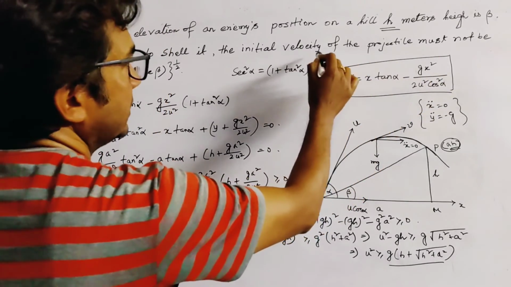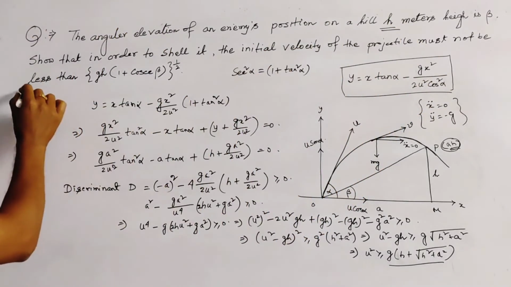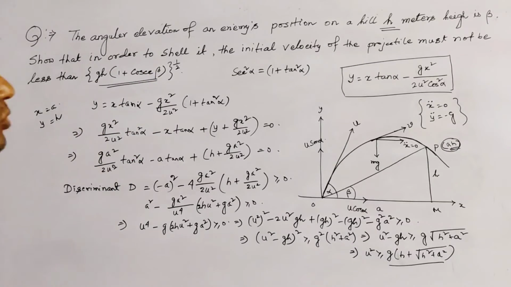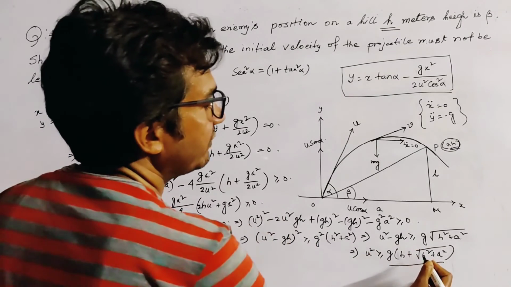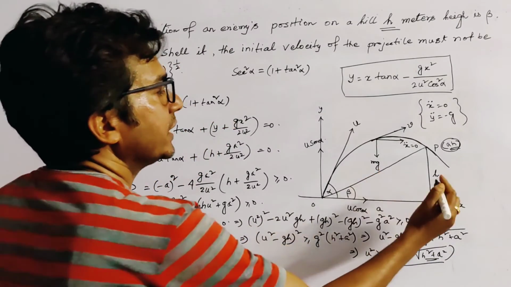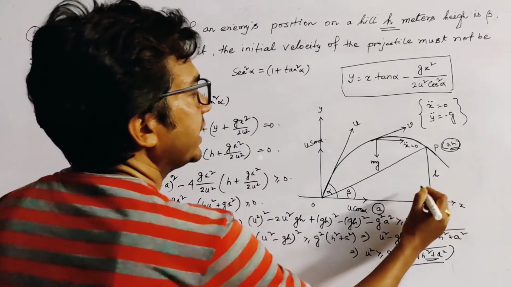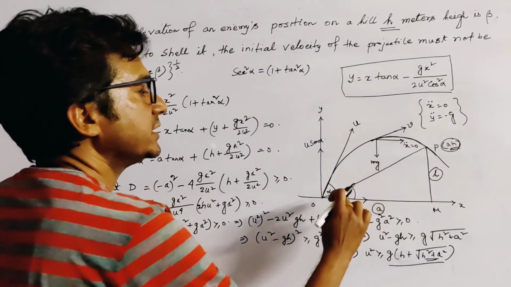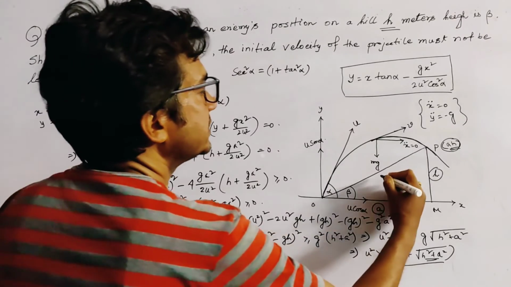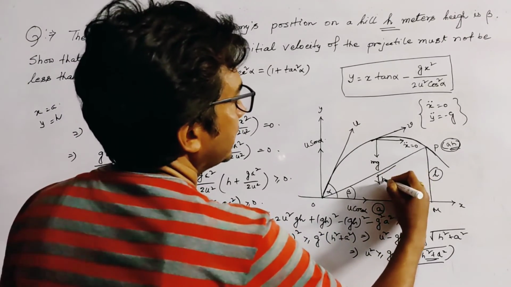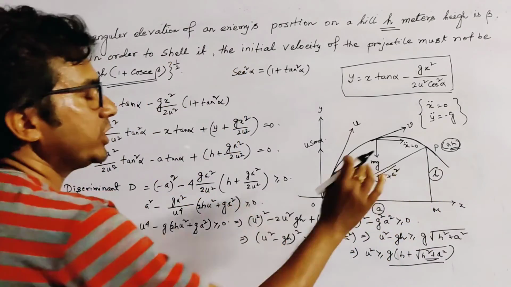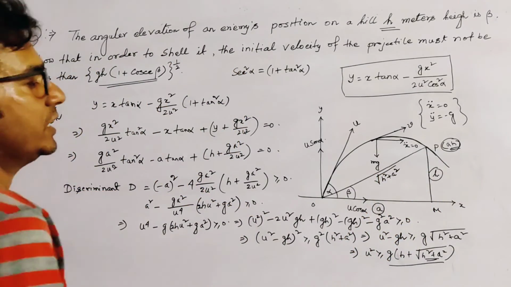Now we have to prove that the velocity of projection is not less than this value. Here a is the base and h is the height, so root under h square plus a square must be the hypotenuse.